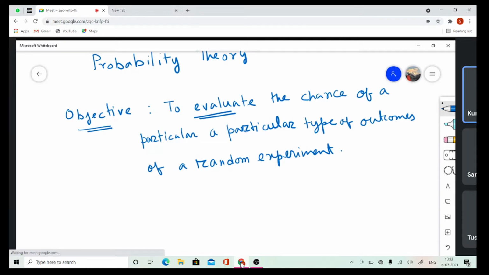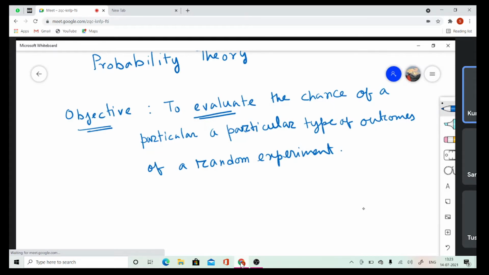Suppose I want to measure the chance, or I want to find the probability of an event of at least 2 heads while I am tossing the coin thrice. Okay, let me write it.